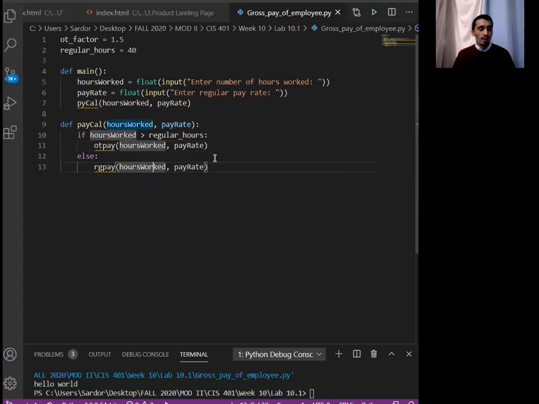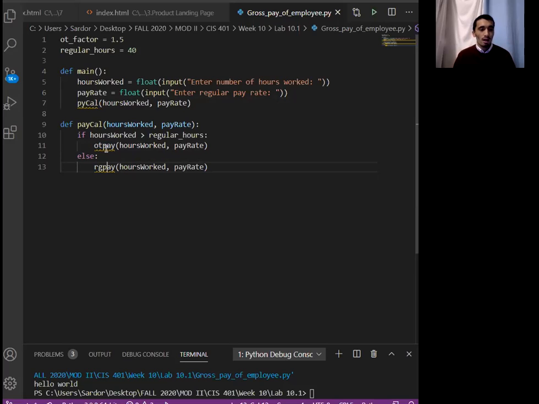All right, so as you could see, these two words are highlighted. So OT pay and RG pay: the first one means overtime pay, and the second one means regular pay. So if the user inputs more than the regular hours, then it will go to this function.